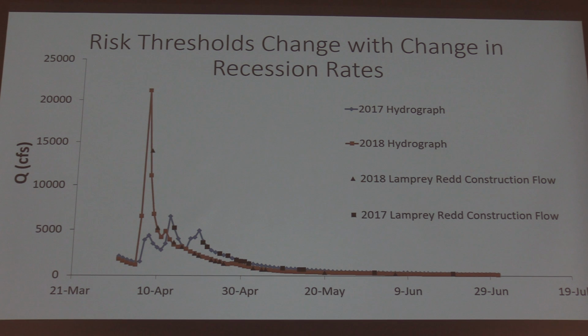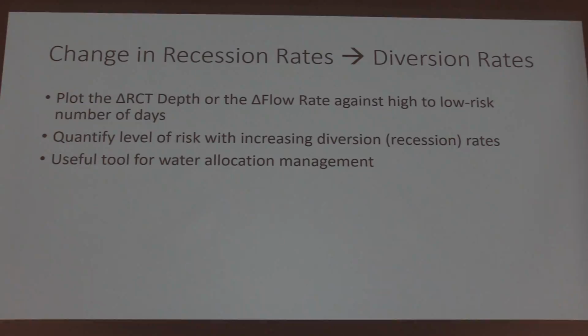And because the recession rate in 2017 was much more gradual than this year's recession rate, there were more days of inundation for these redds constructed on the 2017 hydrograph. And so therefore there was less risk to dewatering before those eggs could hatch, presumably.